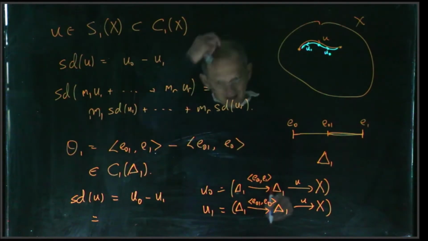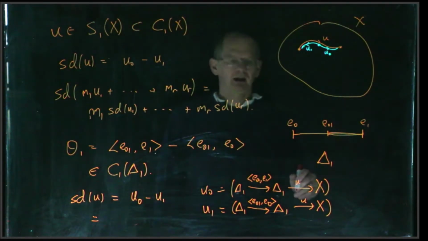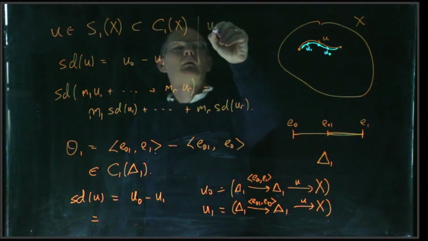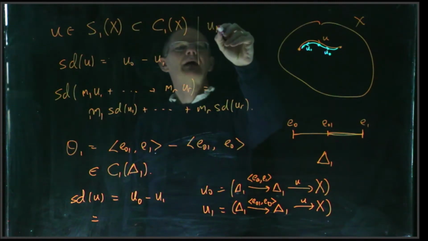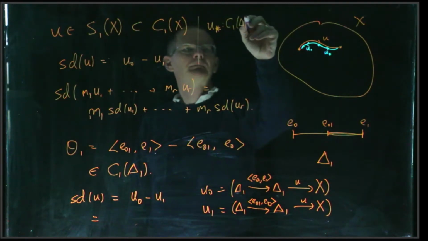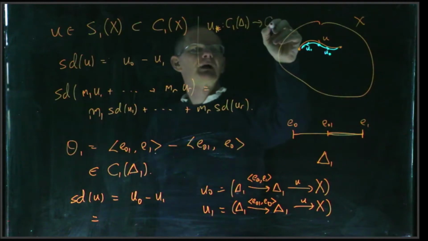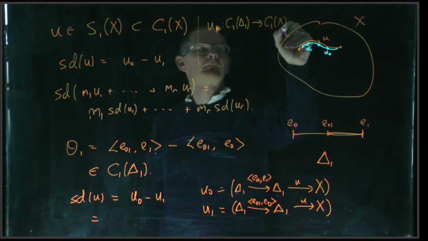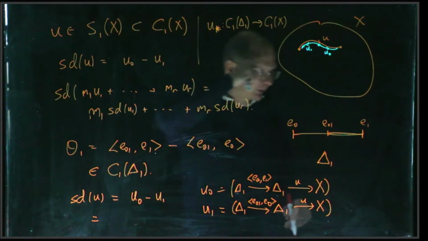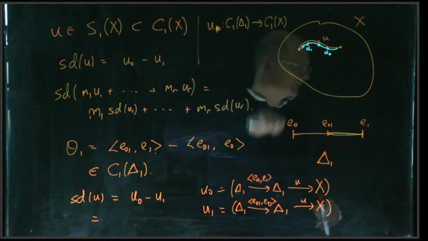Another way to say this is: we've got our U, which gives us a map, U lower hash, from the one chains on delta 1 to the one chains on X. Whenever you've got a continuous map, you've got a corresponding map of the chain groups.